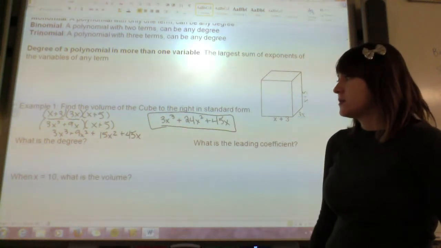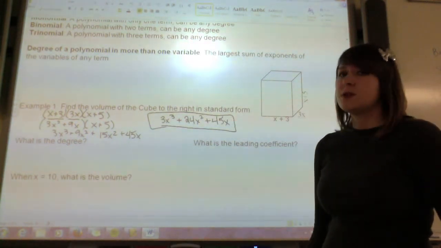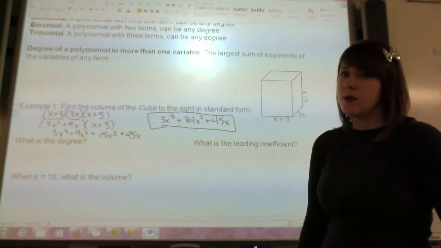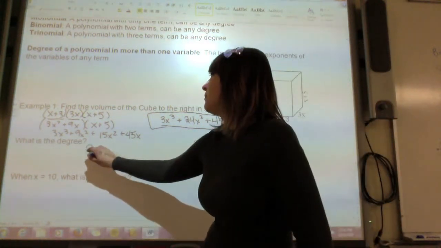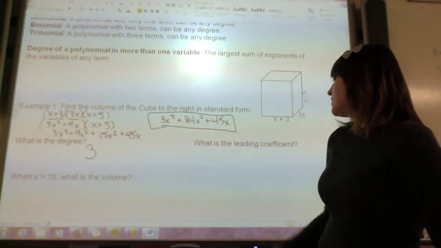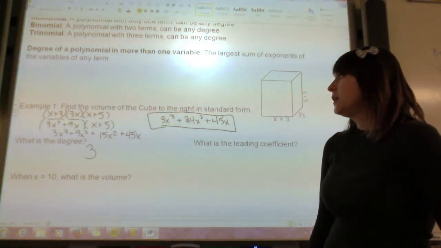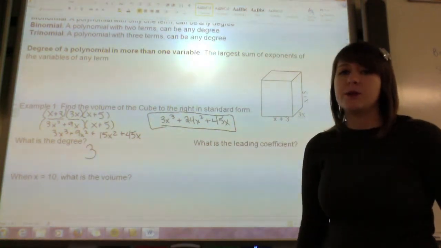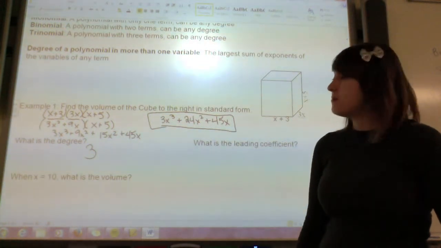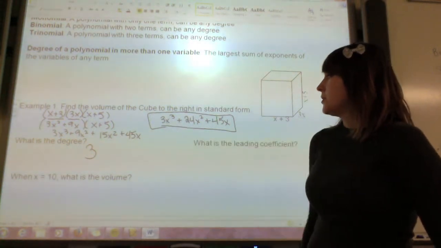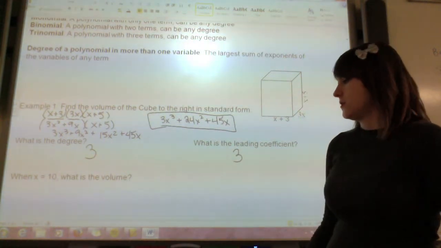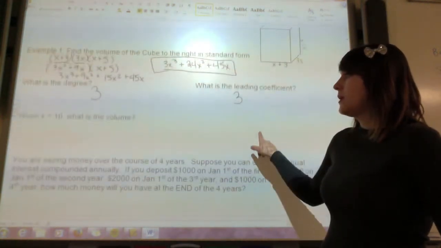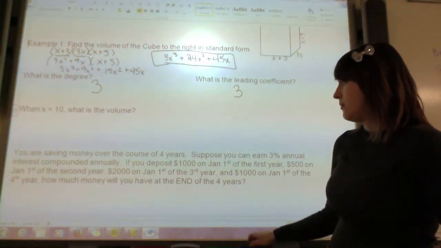Okay, what is the degree? So remember, the degree is the highest exponent that you have. So in this case, my degree would be 3. What is the leading coefficient? The leading coefficient is going to be the coefficient in front of your highest x term. So the coefficient of x cubed is 3, therefore my leading coefficient is also 3. Then we have, when x equals 10, what is the volume?